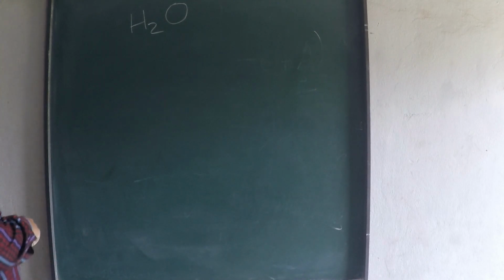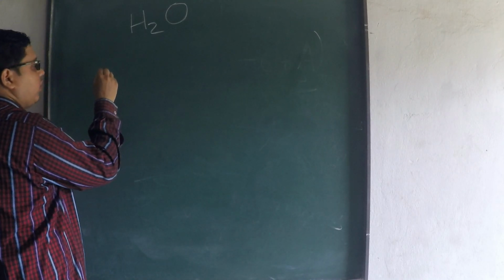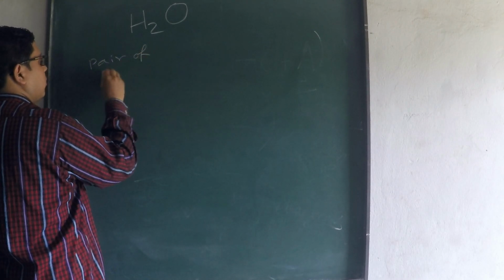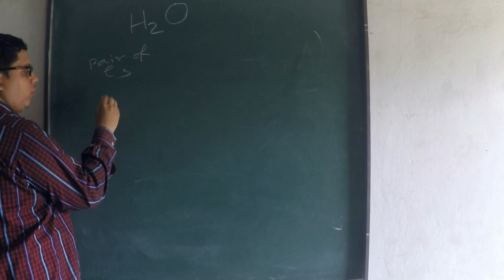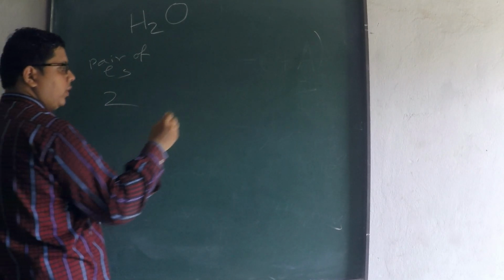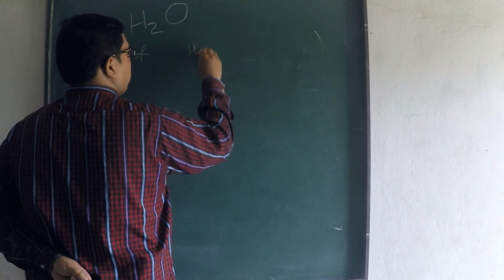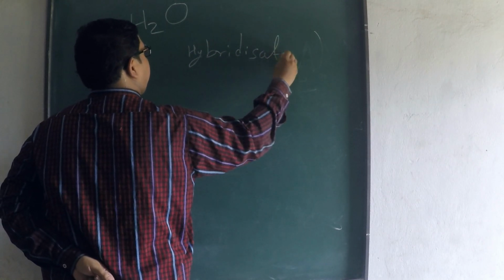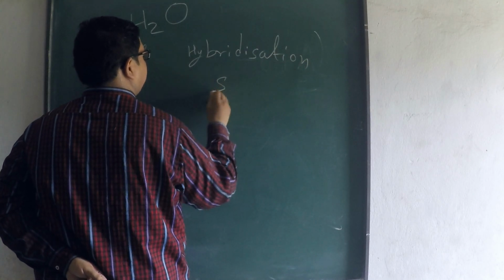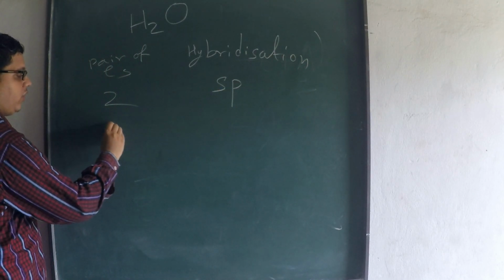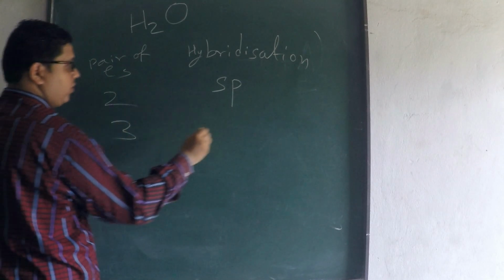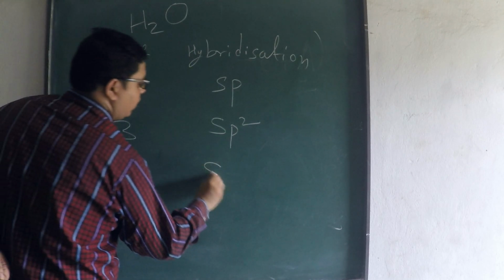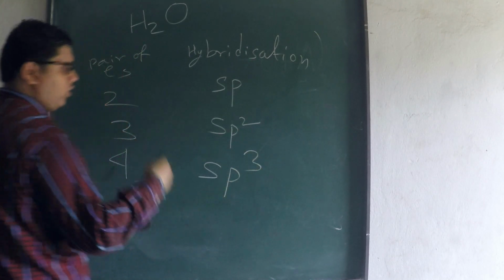If you recall what you have learned in class 11, if there are 2 pairs of electrons, the hybridization is sp. If it is 3, it is sp2. If it is 4, it is sp3, and so on.